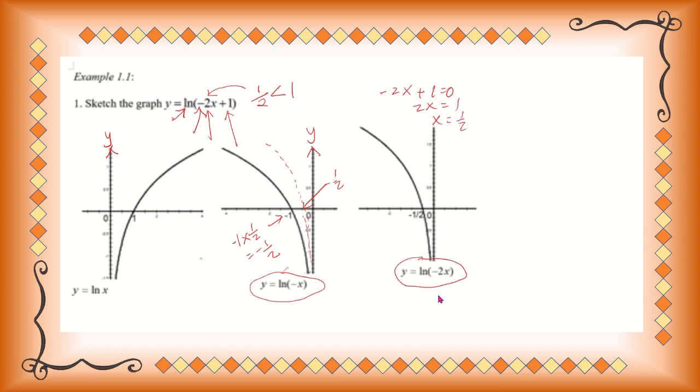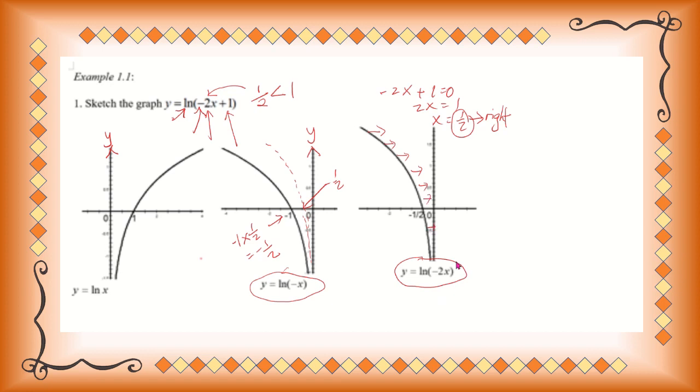Since x is a positive value, we need to shift the whole curve to the right-hand side by 1/2 unit. So every point of x should be shifted 1/2 unit to the right.